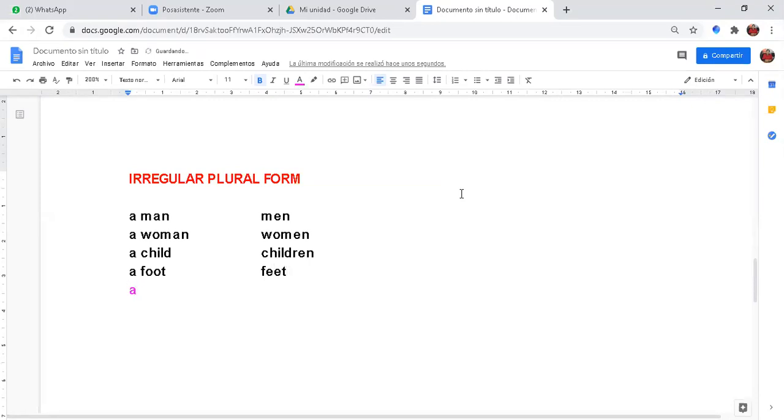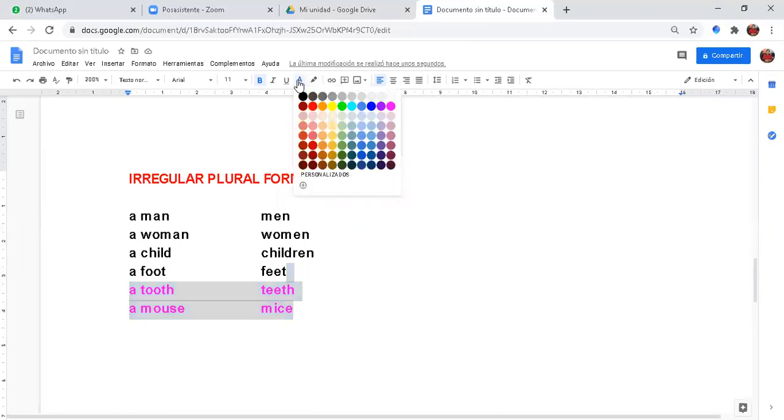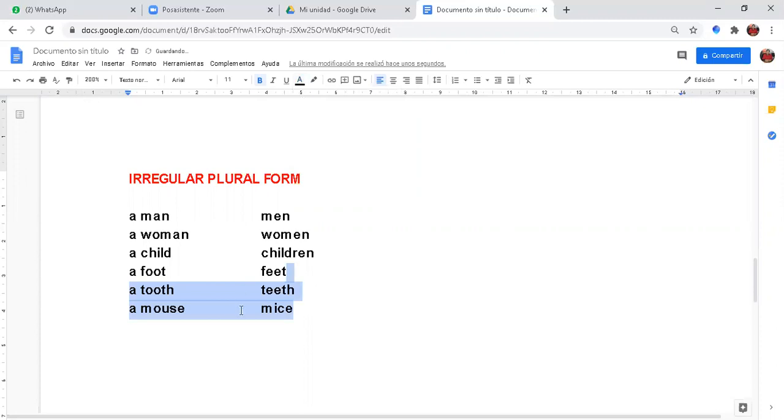We have a tooth, plural, teeth. Singular, mouse, a mouse, plural, mice. Those are irregular nouns.